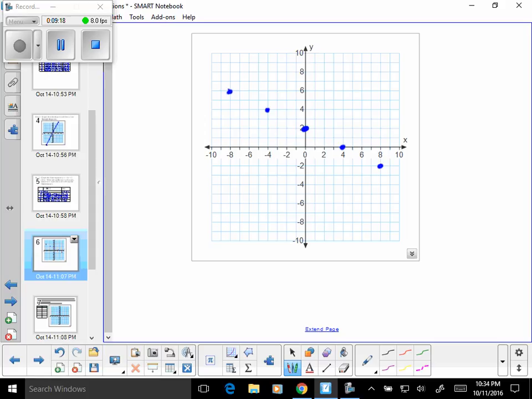Again, you can line up a ruler. I'm going to have to add a couple points here just to help me out. Actually, I need to be there. Okay.